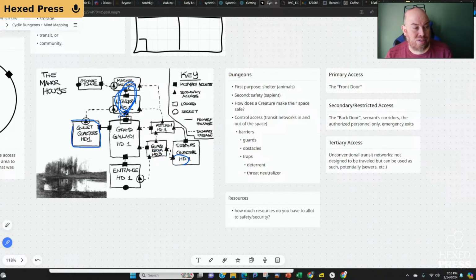If I want this door to be a tougher door, even though it's an HD1 room, I can say this door is basically difficulty 3 if I want it to be, right? It's super hard because they've warded the door, so attempts to pick the lock or whatever the mechanism is are super difficult because of these magic wards. Then I would say, okay, this is an HD3 door.